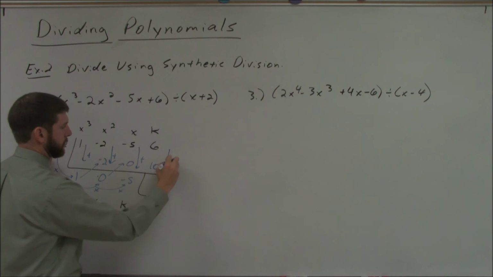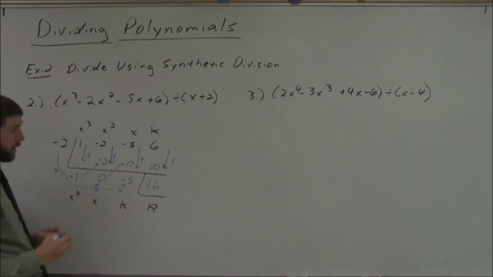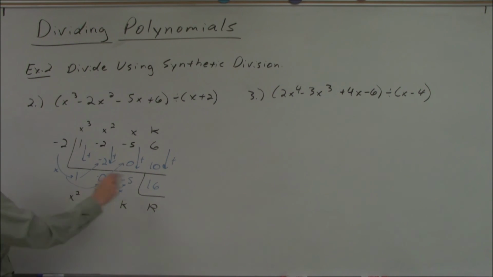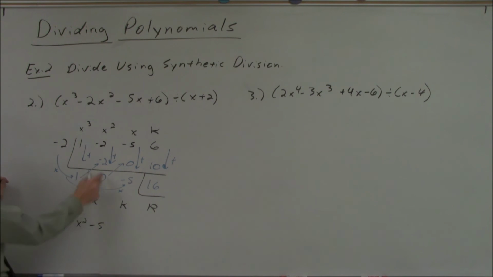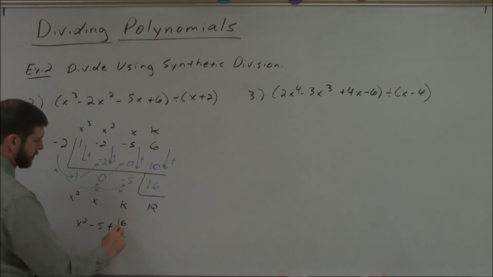Add the column, get 16. We're out of columns, so we're finished. So this is going to be our quotient. 1x squared with no x's minus 5, right? 1x squared plus 0x minus 5 plus remainder over divisor.